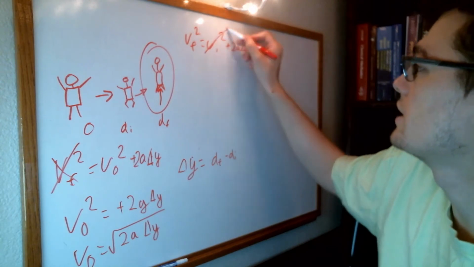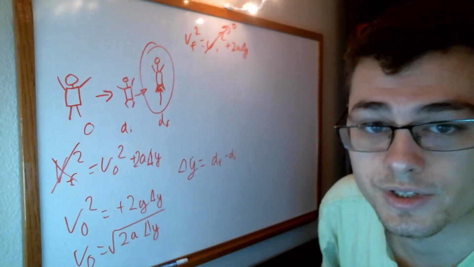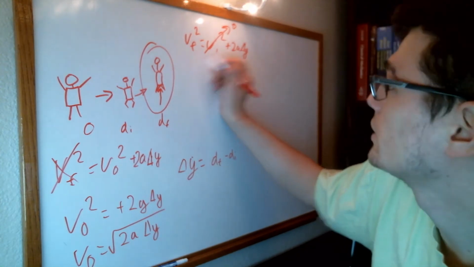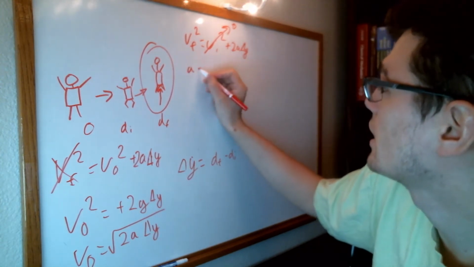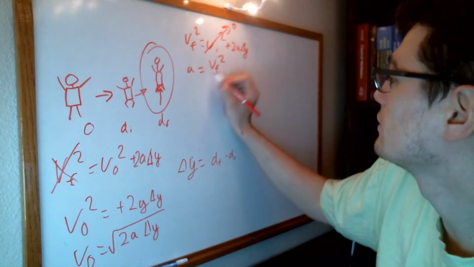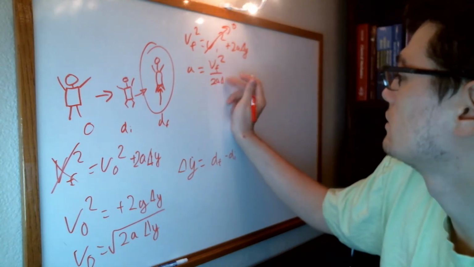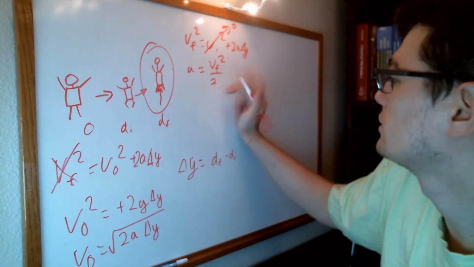But in this case now, we know that VI is equal to 0. And so then we can calculate the acceleration by saying A is equal to VF squared over 2 delta Y, not 2A delta Y.